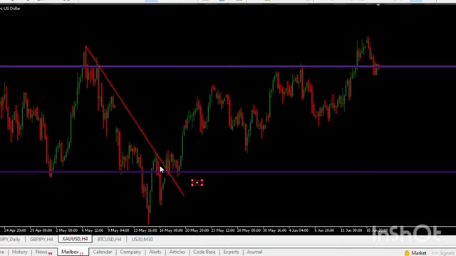When there are multiple touches of the wicks below your horizontal line, that is what is known as your resistance level, your supply zone. And when the wicks are above the horizontal line, and it is underneath, it's just telling you that this is support.